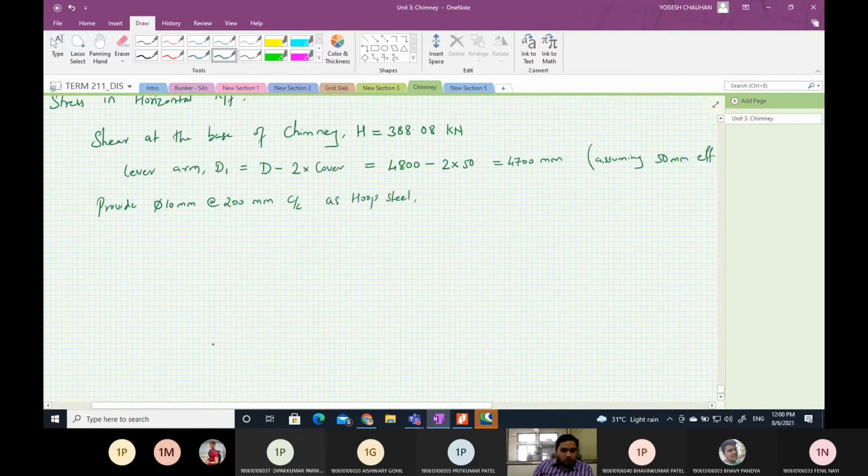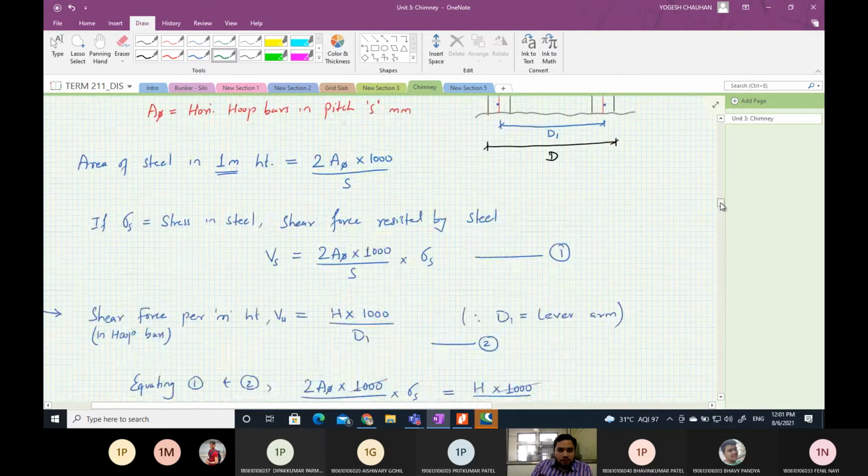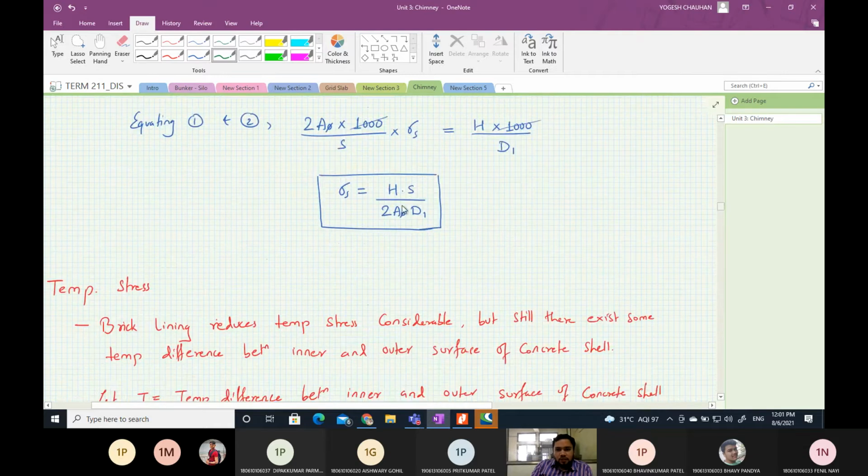So we know sigma s is equal to h times s by 2 a5 by d1. The expression we have derived in our theory classes.